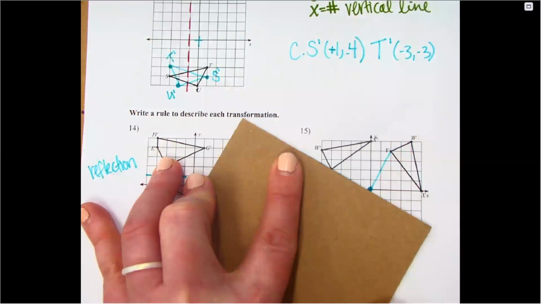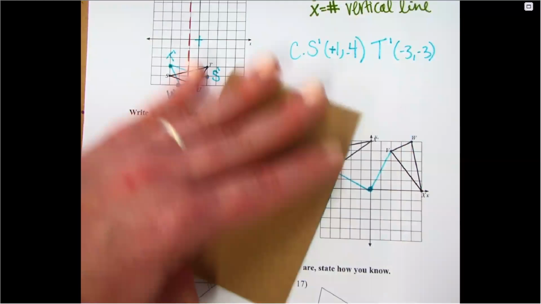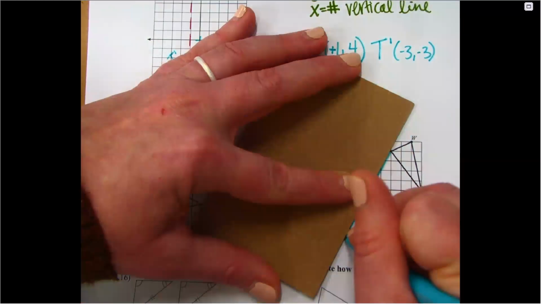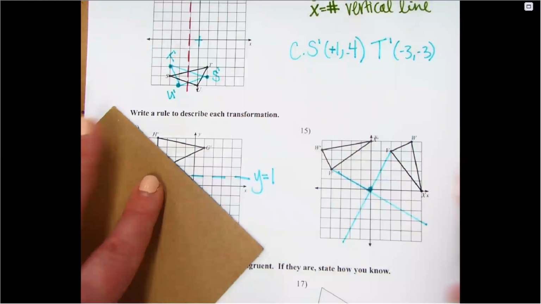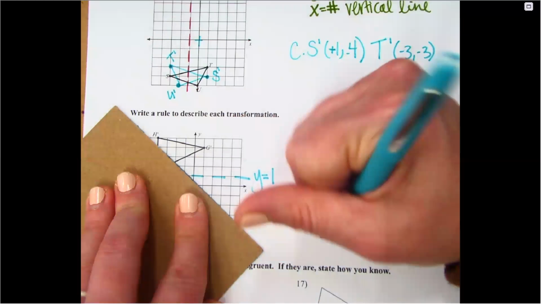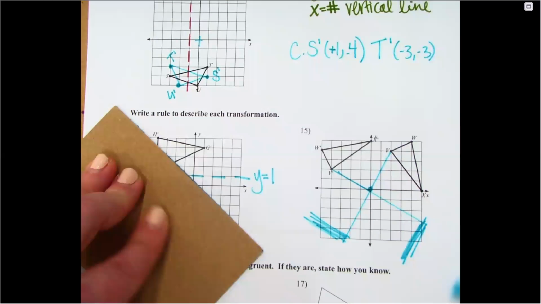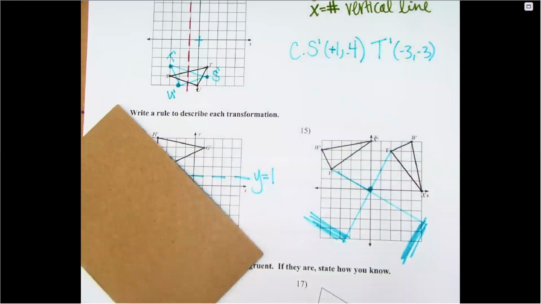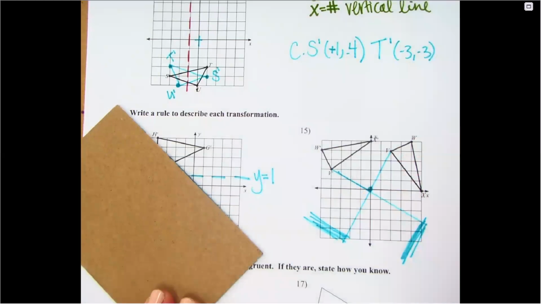You can kind of see it as a fan, and if we extend it, that's really going to allow you to see the fan. This would be one of the pieces, and this would be one of the pieces. Everybody see the little fan? If I could punch a hole in my paper, I could spin it around that origin. How much of a spin does it take to go from here to there?